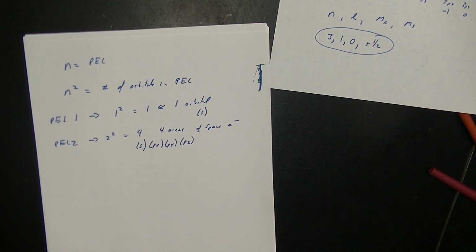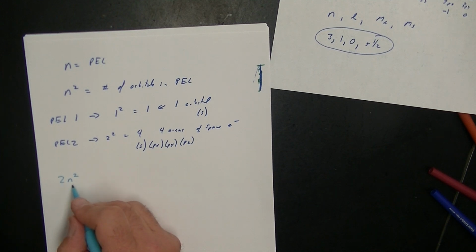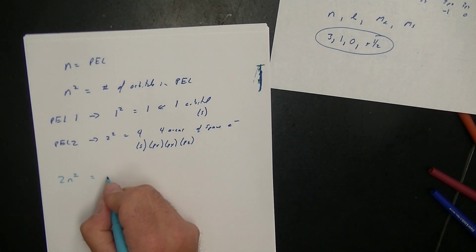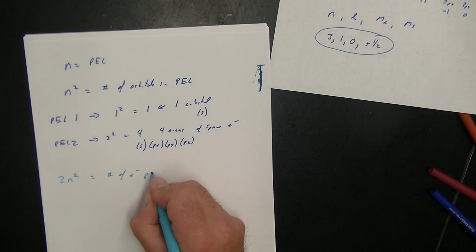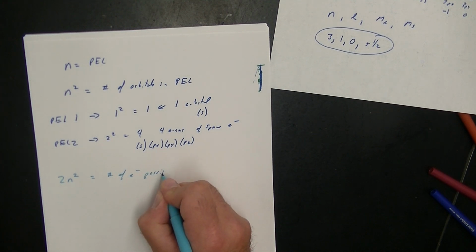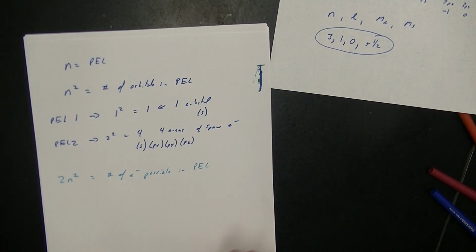There's another quick shortcut. If you square n and multiply by 2, this actually gives you the number of electrons possible in the principal energy level. All right, so let's say we're in PEL number 1. How many can it hold?